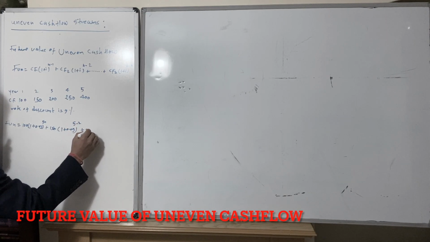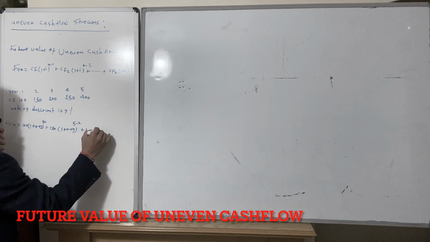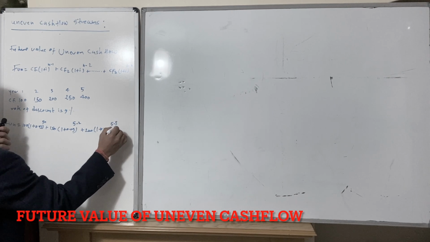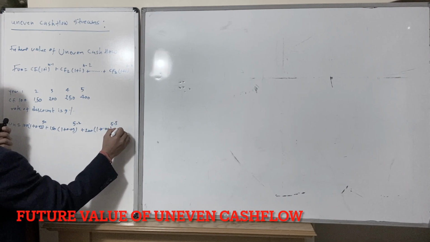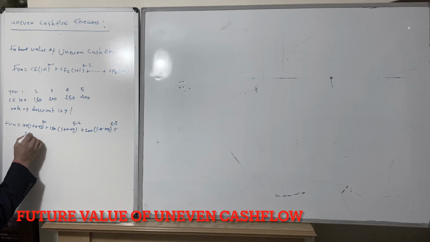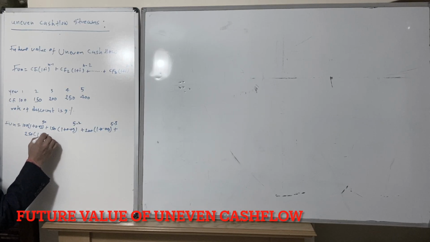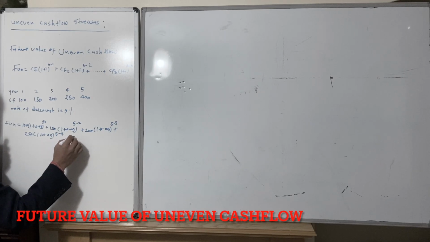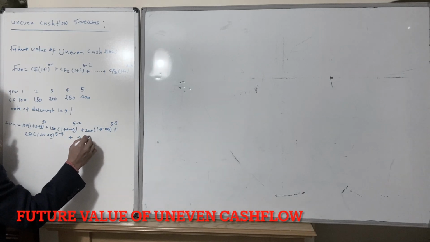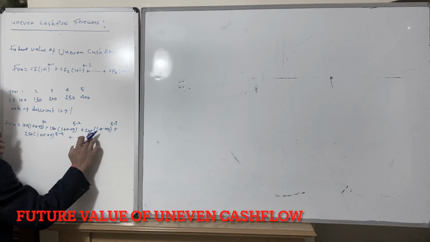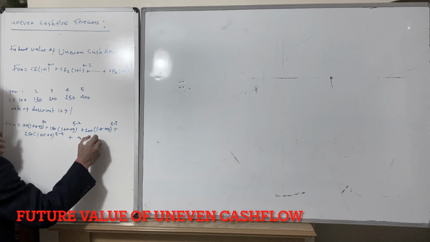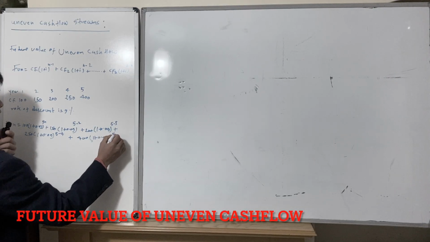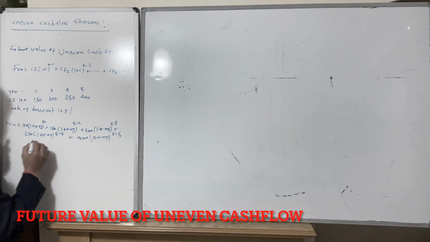Cash flow 3 is 200, times 1 plus 0.09 to the power of 5 minus 3, then 250 to the power of 5 minus 4, plus 400 multiplied by 1 plus 0.09 to the power of 5 minus 5.